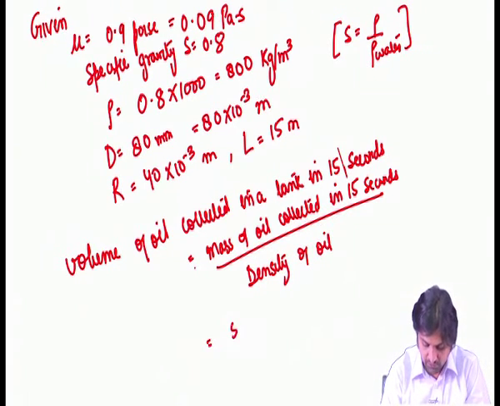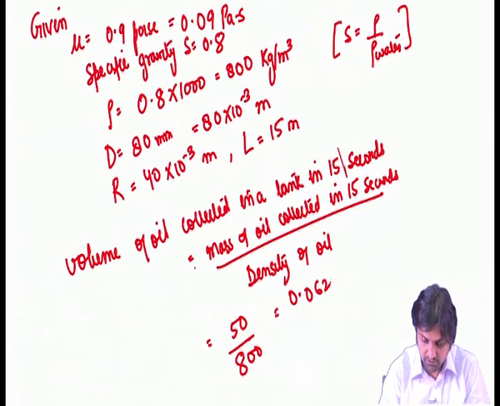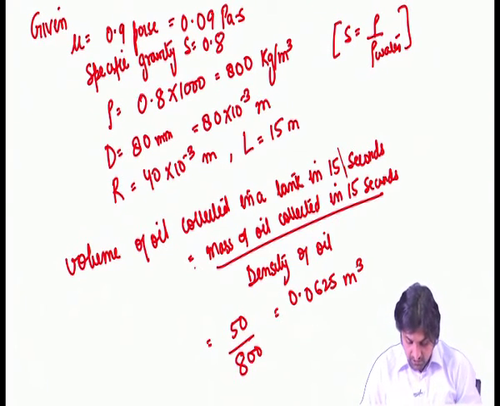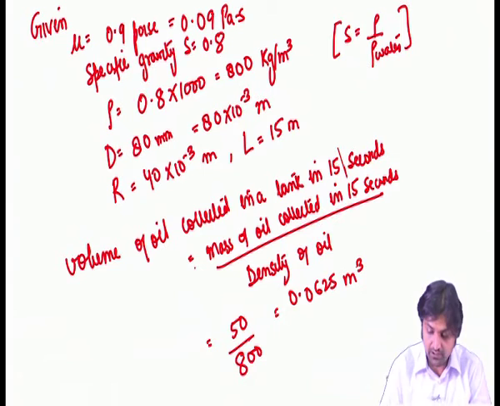That is 50 divided by 800, which is 0.0625 meter cube. This is the volume of the oil collected in a tank in 15 seconds.